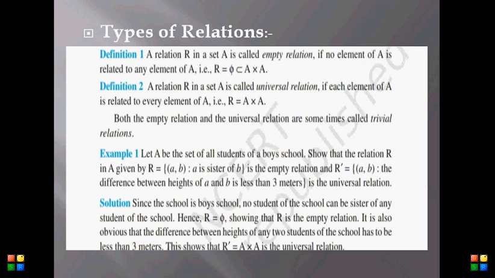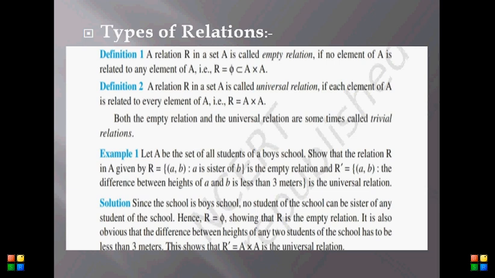No student of the school can be a sister of any student of the school. Hence this given relation is empty, because no girl student is present, as the school is only a boys school.